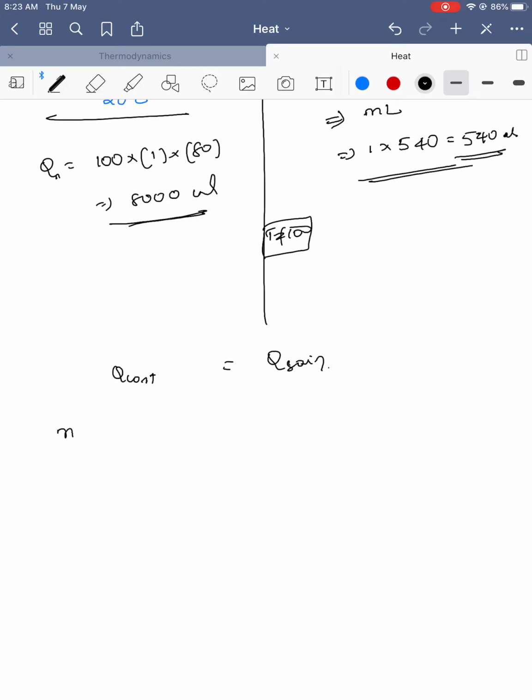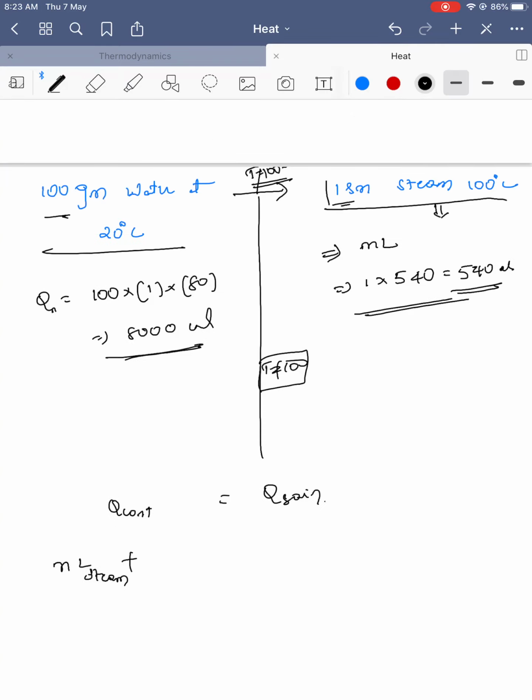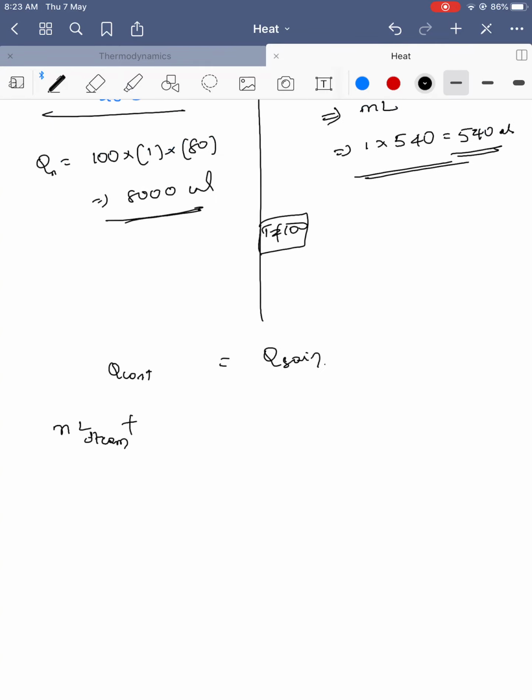So m into L from condensation of steam, plus from there the water, it becomes water completely. So after becoming water, m into S into, from 100 degrees Celsius it is decreasing, 100 minus T, the intermediate temperature of the mix, is equal to Q gain.